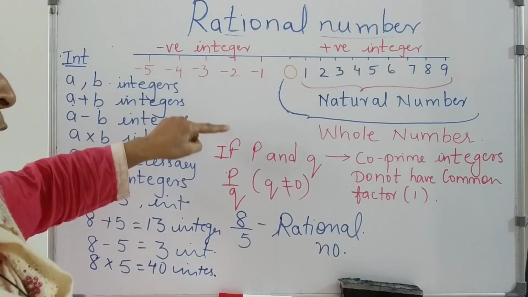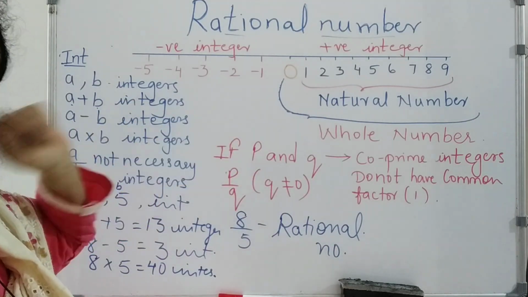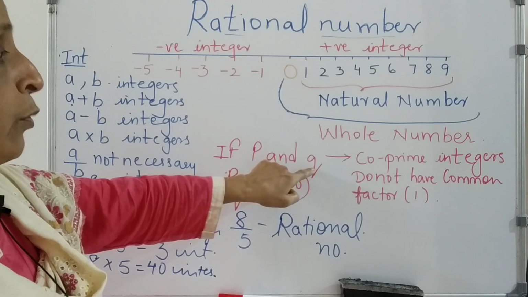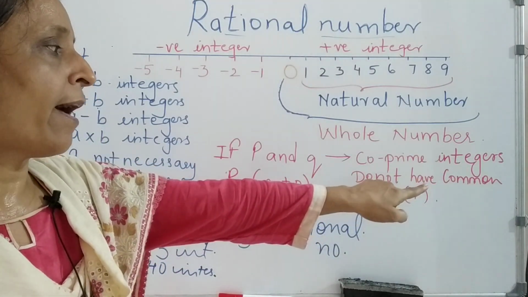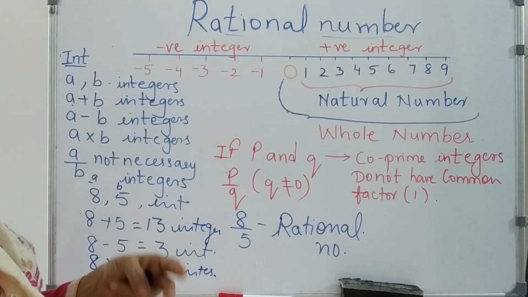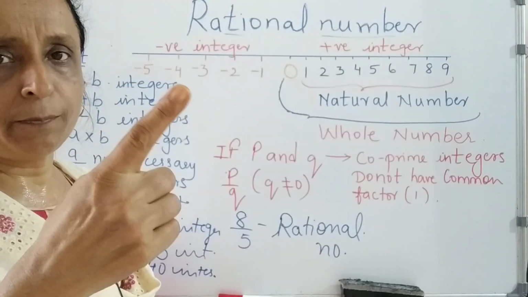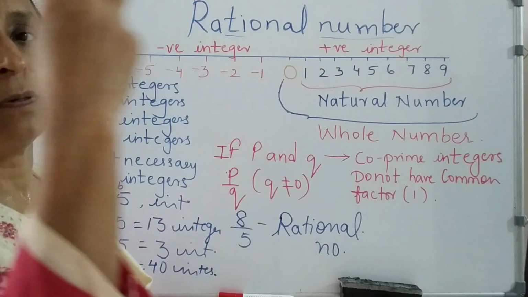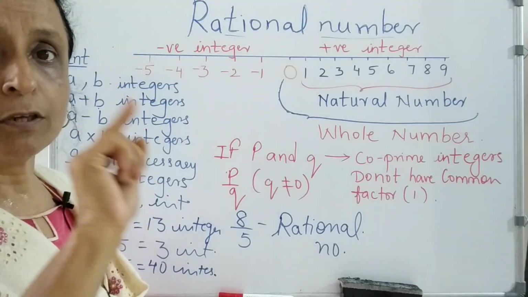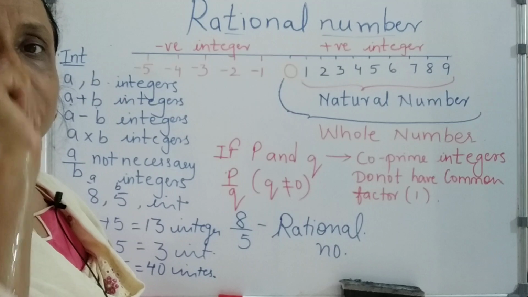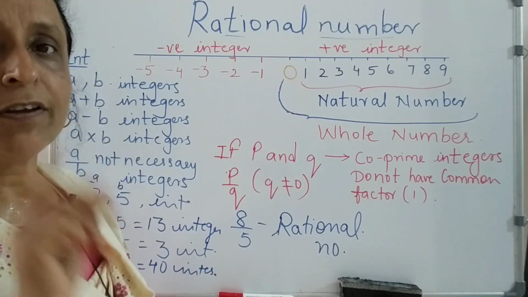Now, according to this definition, if P and Q are co-prime integers, they do not have a common factor. As it is, you know what are prime numbers. 1 is a prime number, 2 is a prime number, 3 is a prime number, 4 is not a prime number because 2 into 2 is 4, 5 is a prime number, 6 is not a prime number because 2 into 3, 7 is a prime number.